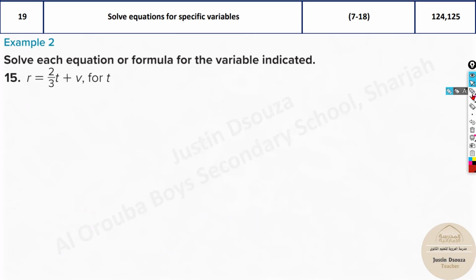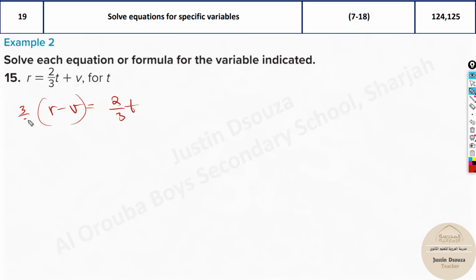We will just do this one because it looks a little bit bigger. What you need to solve is for t. So let's take r minus v equals 2 by 3 t. Now, whenever you have a fraction, you have to multiply by the reciprocal of the fraction. I'm doing it on the same step. You must do it down in new steps, okay?